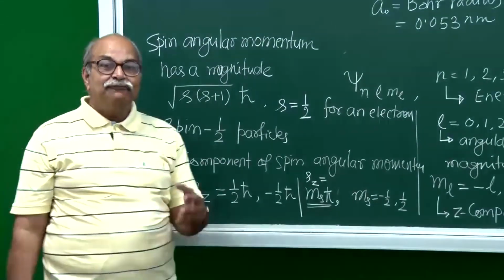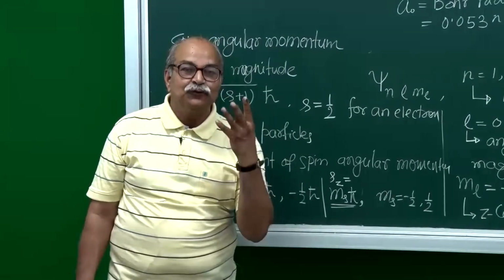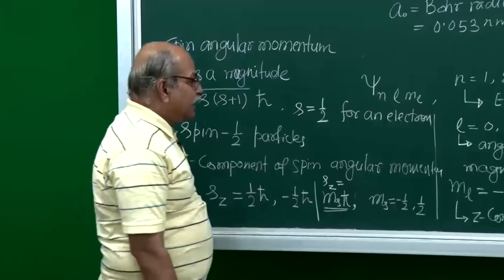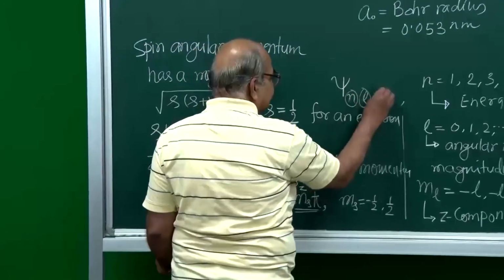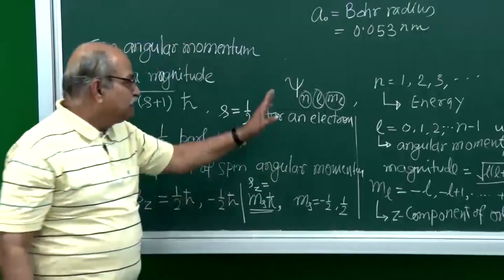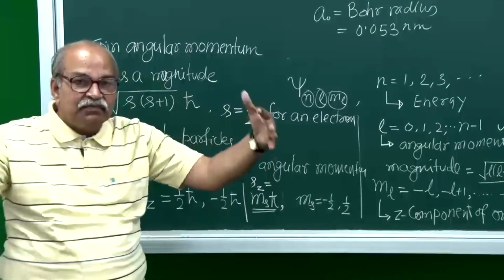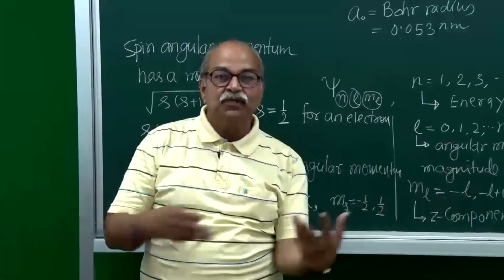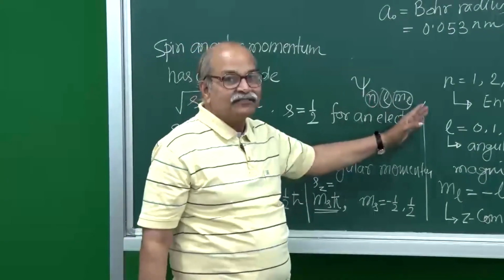So now you have 4 parameters, N, L, ml, and ms. If you give these 3 parameters, N, L, ml, that space part, the behavior corresponding to space part x, y, z, is fixed from here.